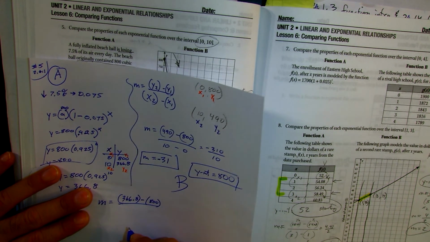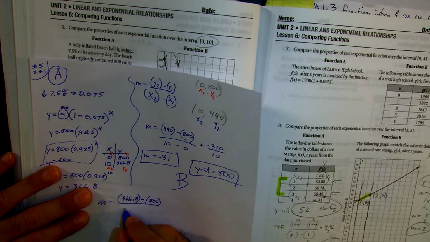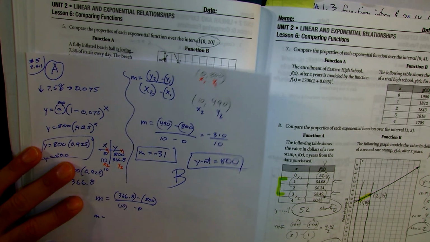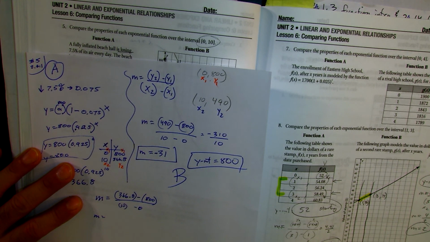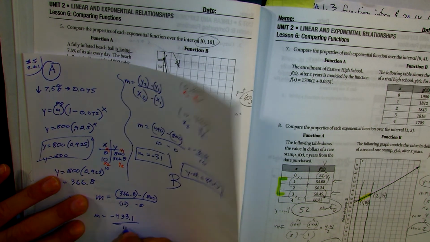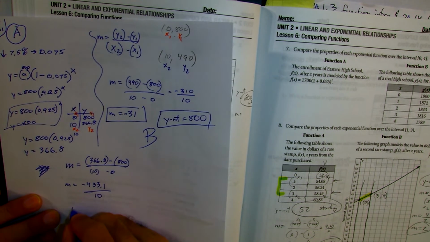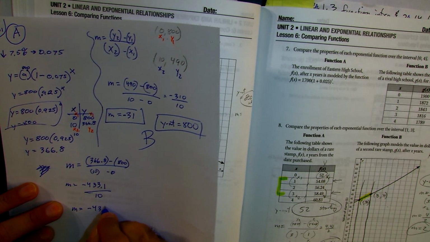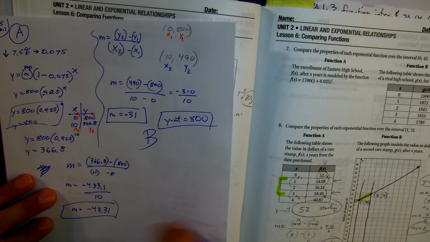X2 on the bottom, 10, minus 0. So we get, let's see, minus 800. We get negative 433.1 over 10. We get a slope of negative 43.31. Whew! I'm tired. All right, we got it.